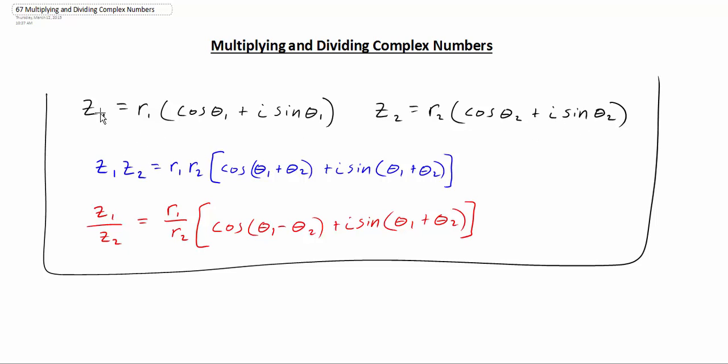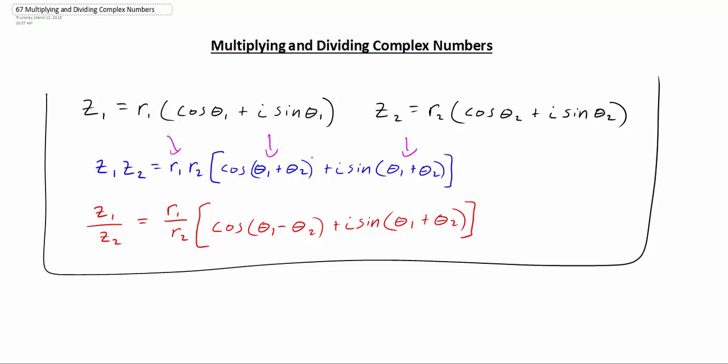So if we're going to multiply the two complex numbers together, z1 and z2, then we're simply going to multiply the r values together, and then we're going to take our angles, theta 1 and theta 2, and add those together.